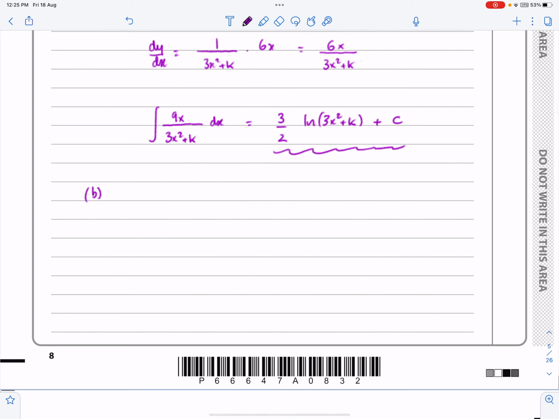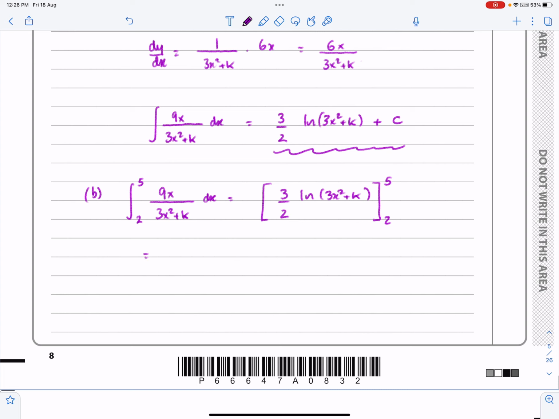So B, the integral between 5 and 2 of 9x over 3x squared plus k dx. So we know that's 3 over 2 log of 3x squared plus k. We don't need the constant of integration now because we're going to evaluate it between 5 and 2.